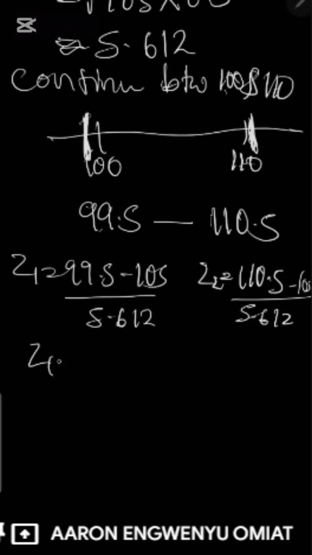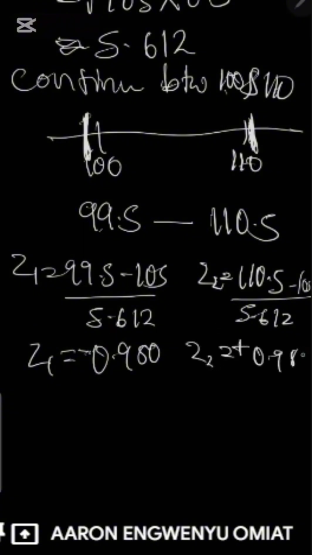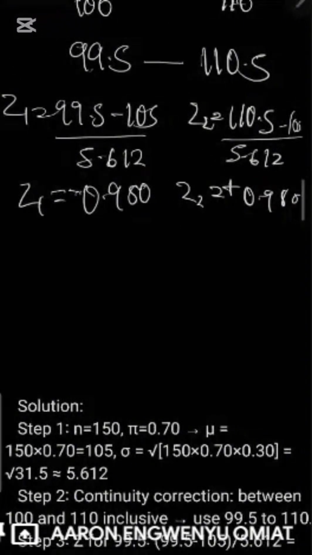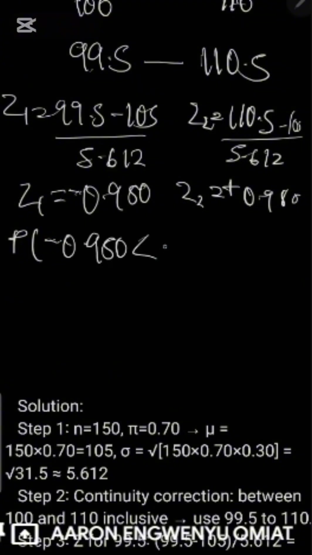Here our Z1 will be equal to negative 0.980, because this is less, and our Z2 will be equal to positive 0.980. If we want the probability of between negative 0.980 less than Z less than 0.980, we remember from the previous examples that we just subtract directly.